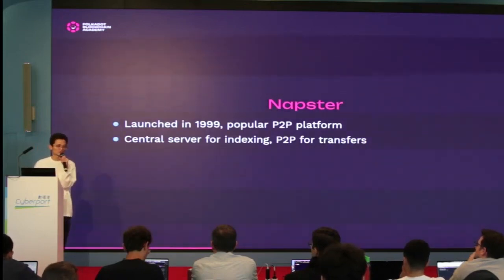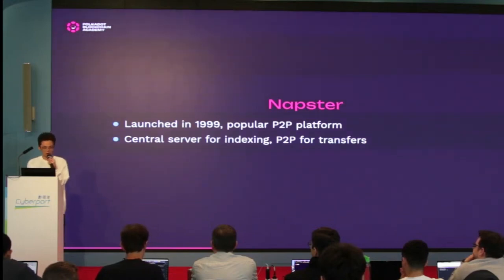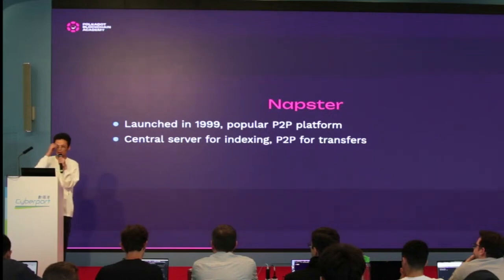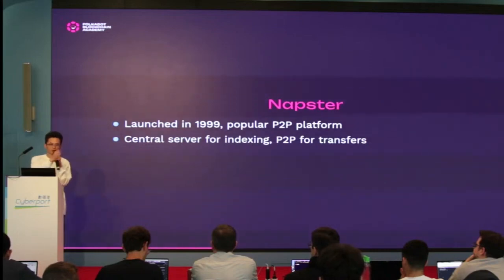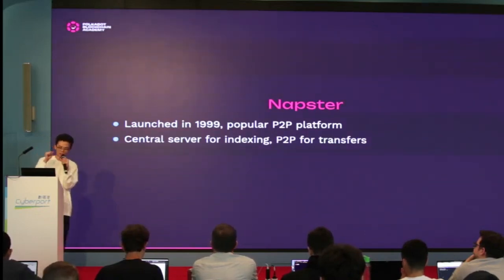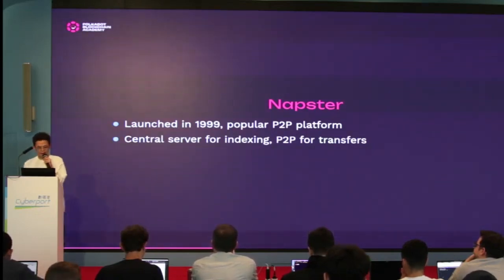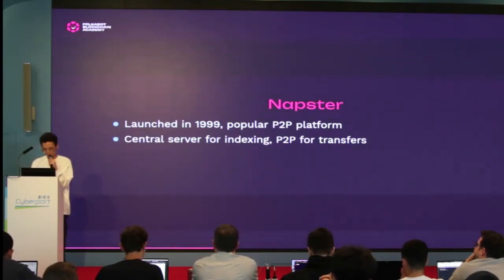It means you need to index which nodes have which file. Alice has a movie with some ID, and Bob has another movie with some ID. When a node is searching for a movie with some ID, you need the index server to locate the node that has stored the movie.